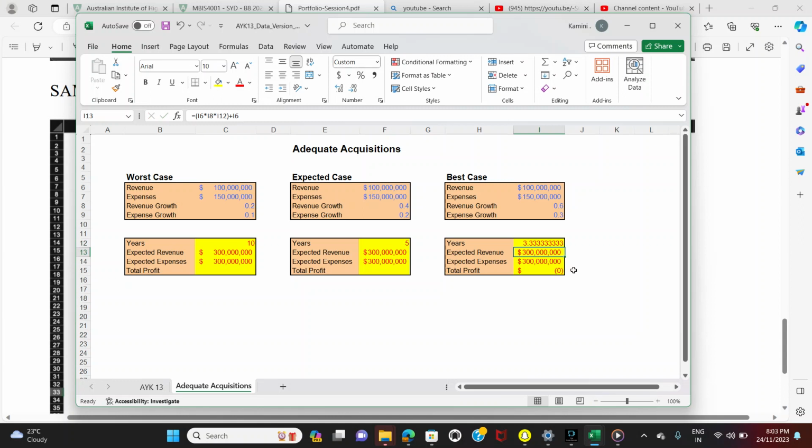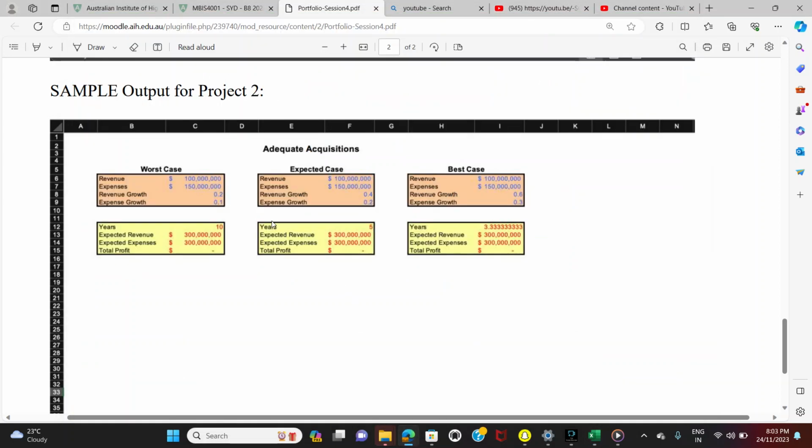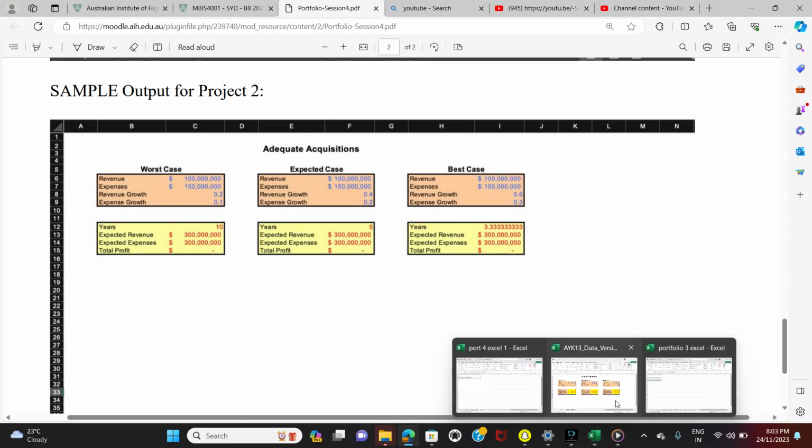This is the expected result of the portfolio question, which is given the sample output. Here we got the result.